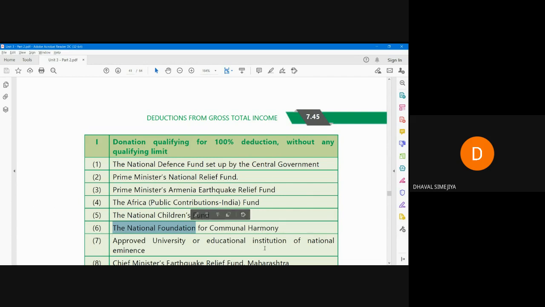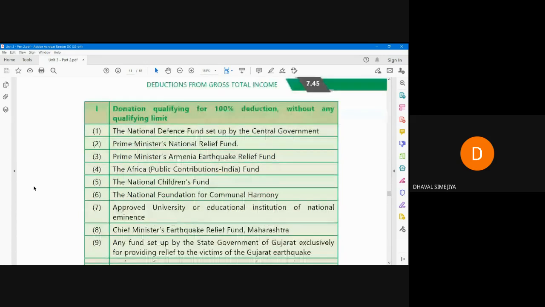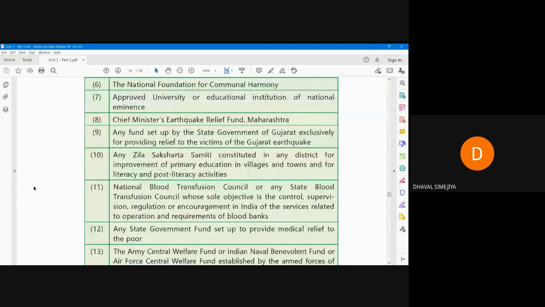Here also is a national word. It means if the majority have prime minister, chief minister or national word, then 100% deduction is allowable. If you check, the majority of the names have the national word, or state government, central government, or chief minister, prime minister.